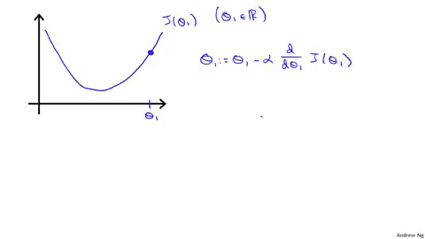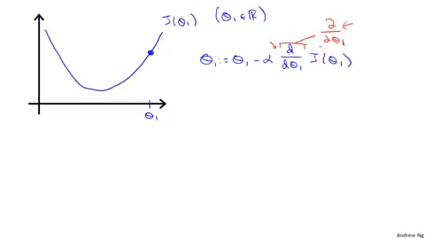As an aside, if you're wondering why I changed the notation from these partial derivative symbols, if you don't know the difference between these partial derivative symbols and the d/d theta, don't worry about it. Technically, in mathematics, we call one a partial derivative and the other a derivative, depending on the number of parameters in the function J. But that's a mathematical technicality.